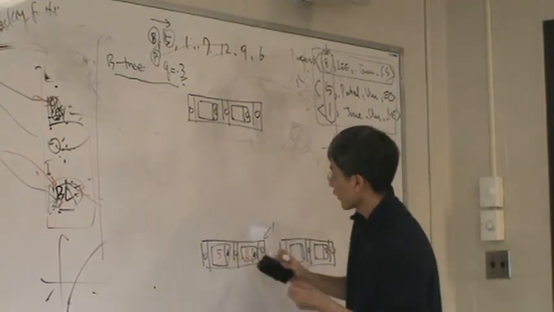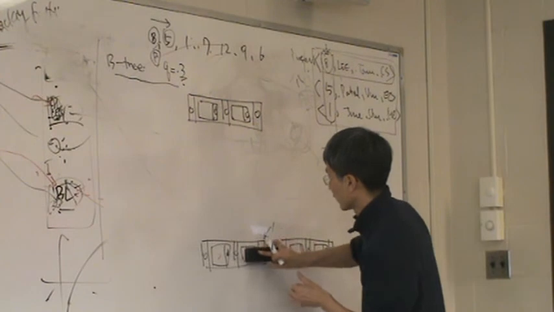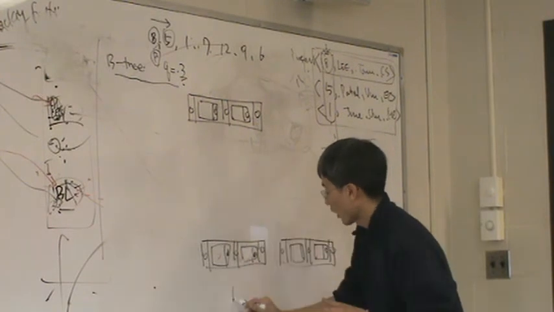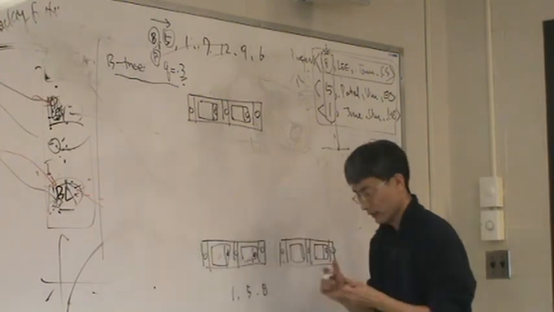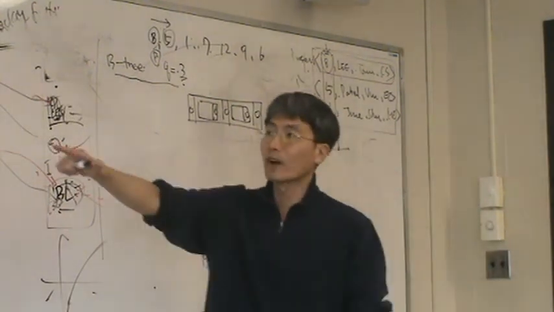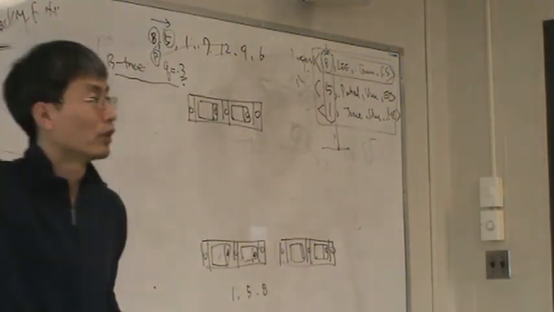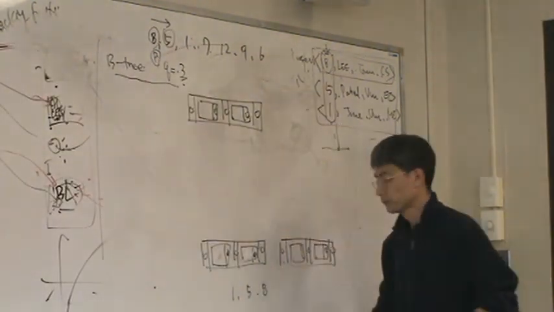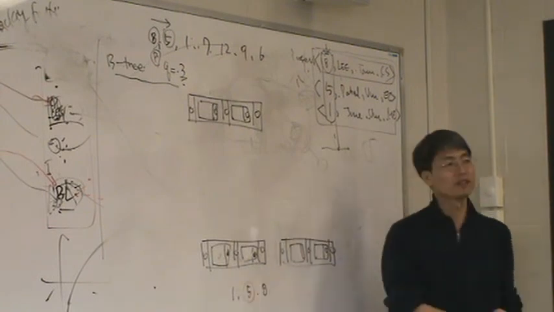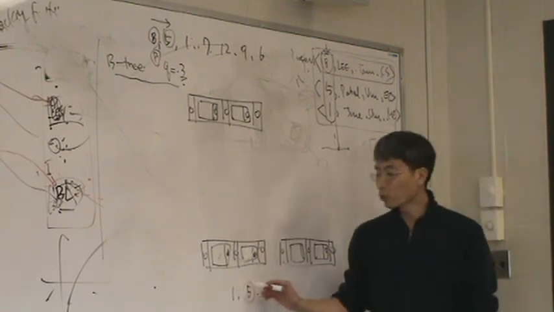We need to rearrange this. We have 1, 5, 8. What is the next? Find the middle value. Which one is the middle value? 5, obviously.